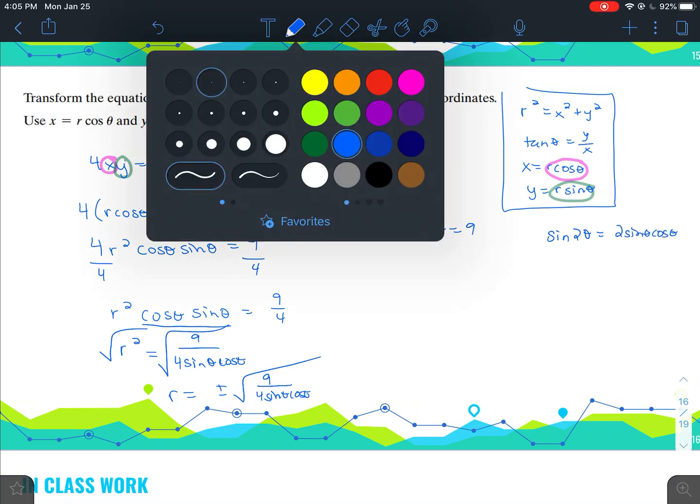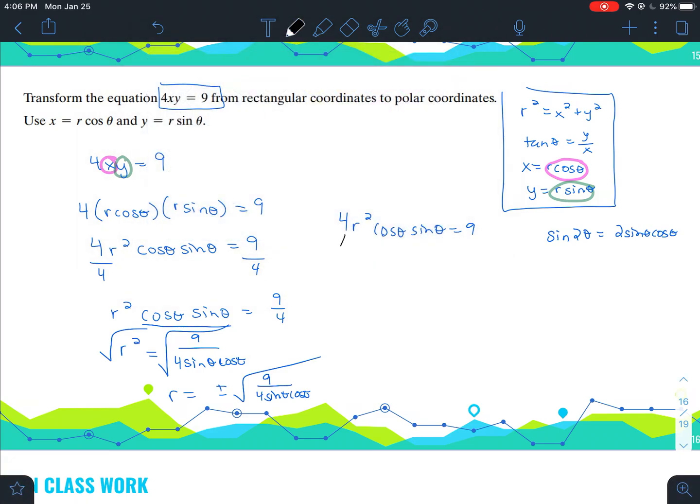So if you wanted to, you could rewrite this: the 4 could become a 2 times r squared, then times 2 cosine theta sine theta equals 9. And you can replace that 2 cosine theta sine theta with sine 2 theta. So we would have 2r squared sine 2 theta equals 9. It makes it look a little bit cleaner, but again, you don't have to.